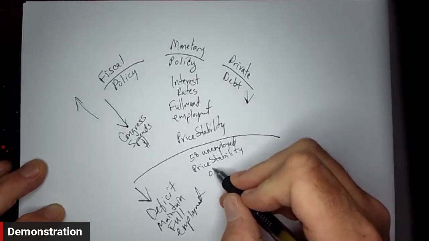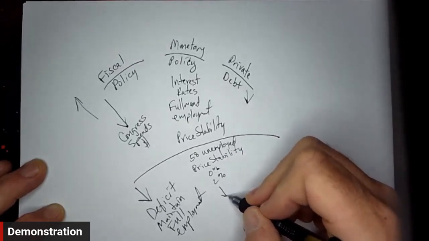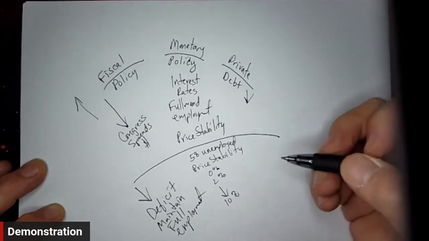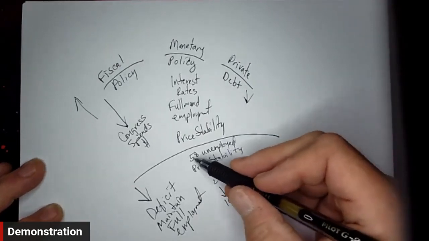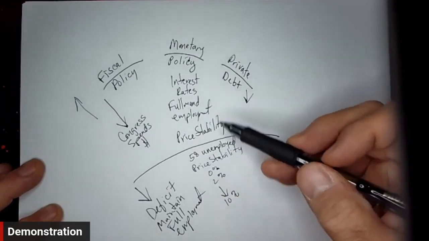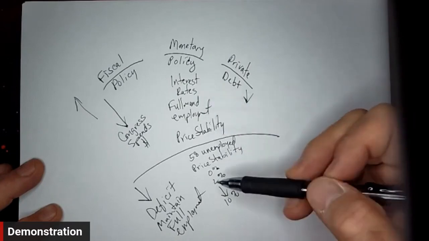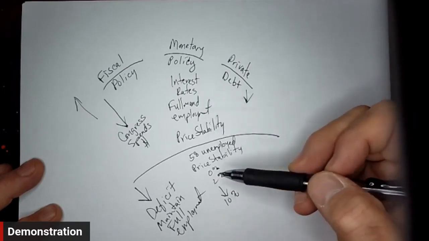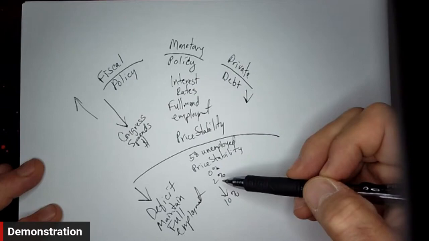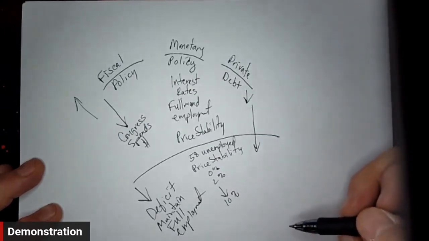Started out at 0%, then 2%, then it just keeps on going, 10%, whatever they decide, until they achieve the desired level of unemployment. Because in theory, when you make credit more expensive, people are willing to buy less. And so ultimately we take on private debt.